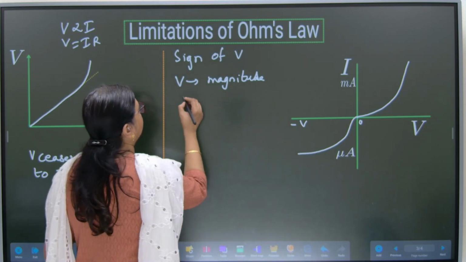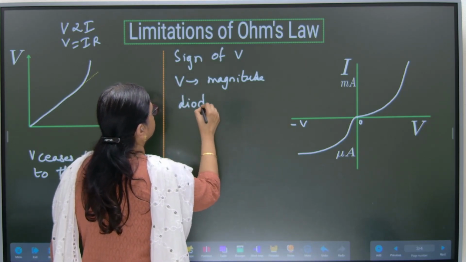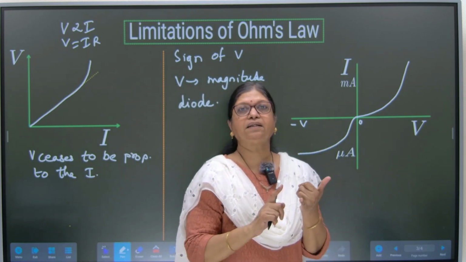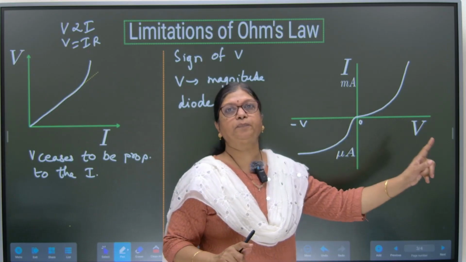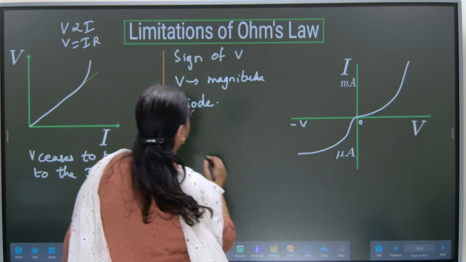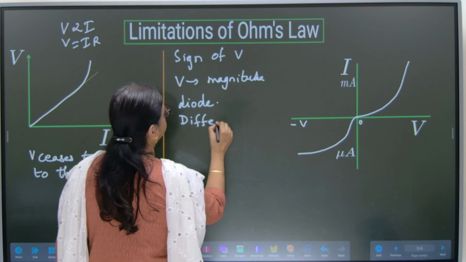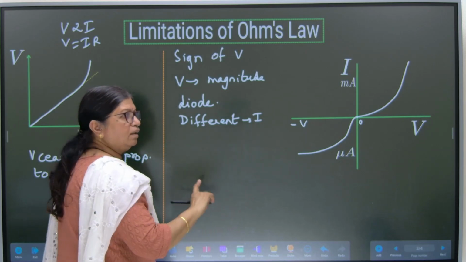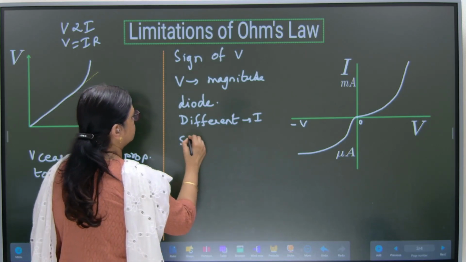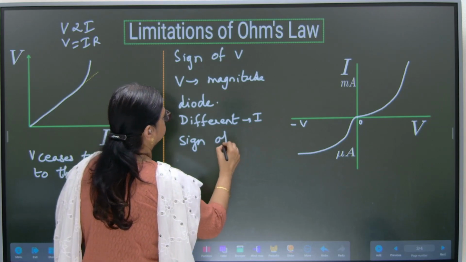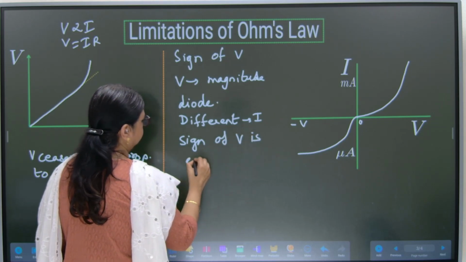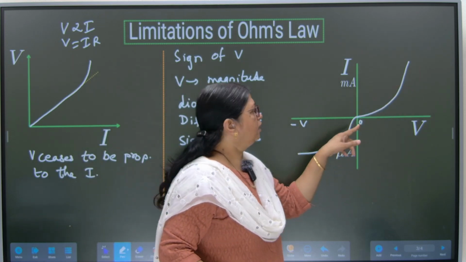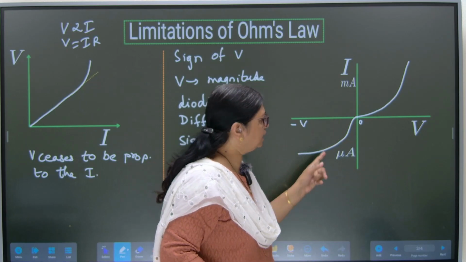This is the example of a diode, which has this type of characteristic: keeping the magnitude same for the potential, we get different values of current when the sign of V is changed or reversed. We should have got the same kind of graph, but we are getting a different shape.